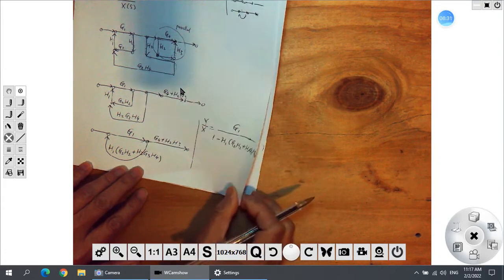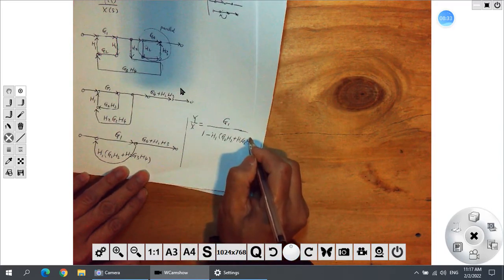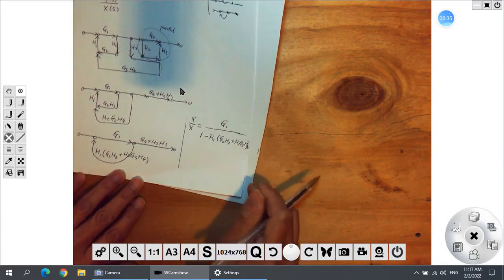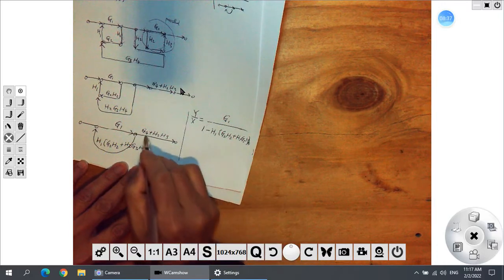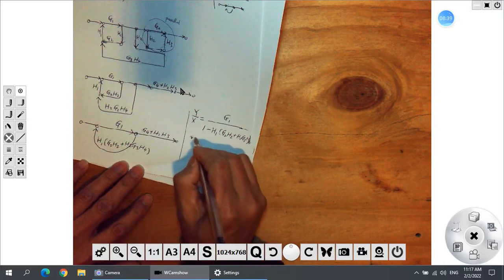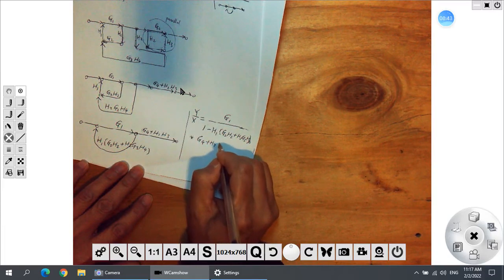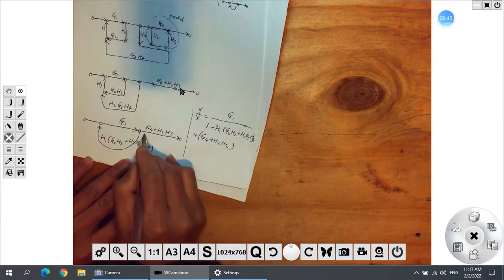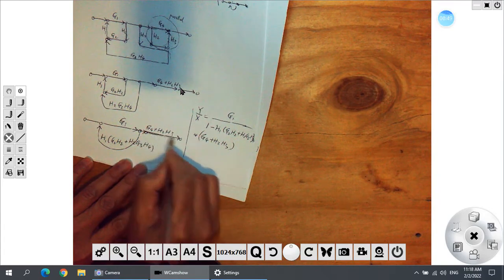Right. So this is like this, and times this one times G4 plus H2 H3, right? Like a cascade connection, right?